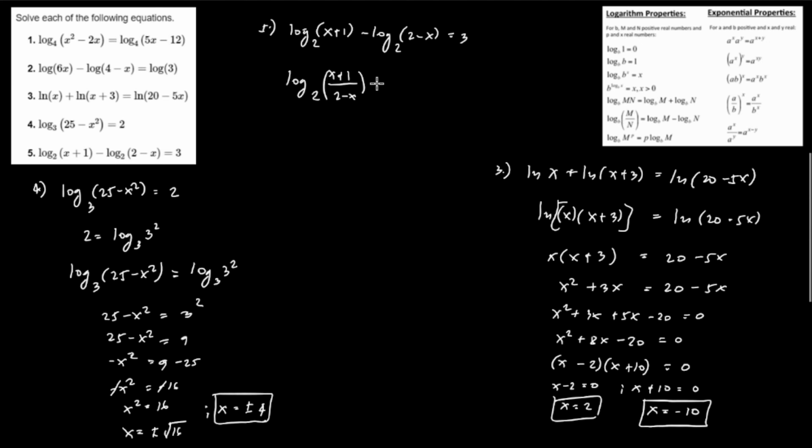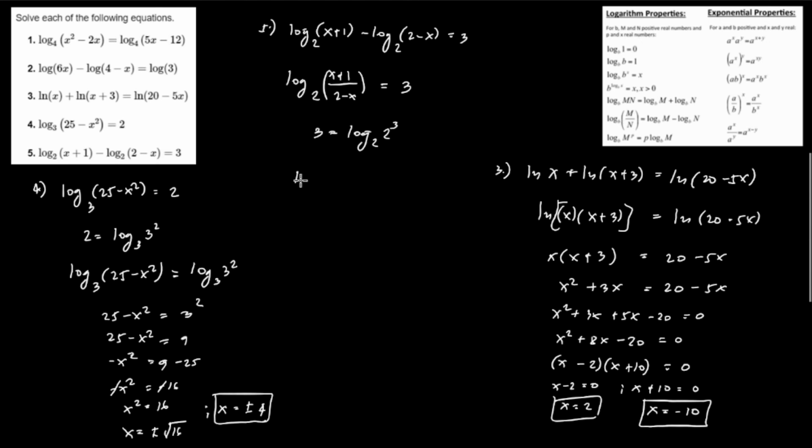Close parenthesis, and it is equal to 3. Convert the constant 3 to a log, based on the logarithm property log of b with exponent x with base b is equal to x, where x is equal to 3 and the base is 2, based on the left side. So 3 is equal to log of 2 with exponent 3 and base 2.